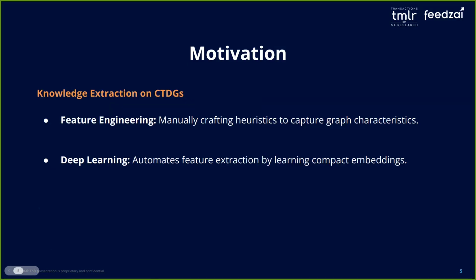In order to harness the relationship information encoded in the graph, one needs to extract this information into a lower dimensional embedding space. Existing techniques can be divided into graph feature engineering methods that rely on manually crafting heuristics to capture the graph characteristics, or deep learning-based graph representation learning methods that automate this process by learning compact embeddings of graph structures.